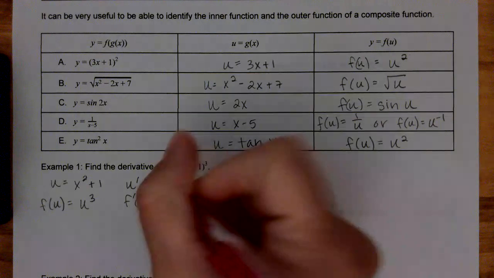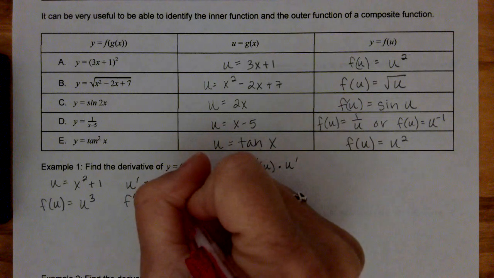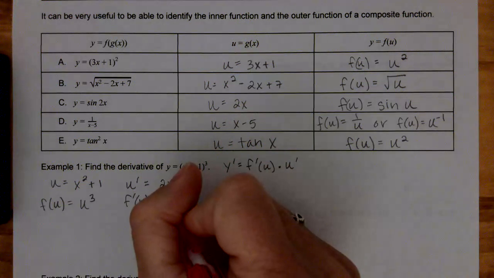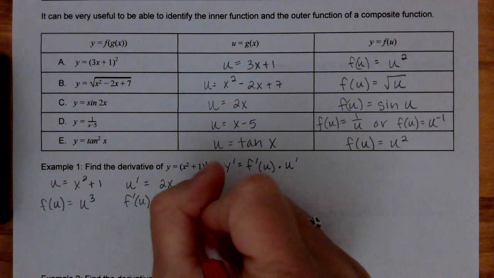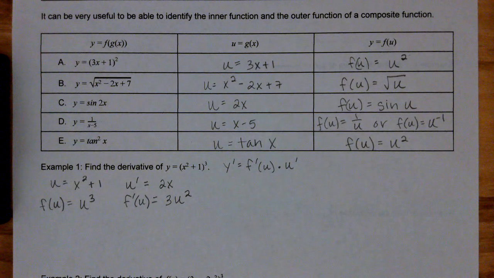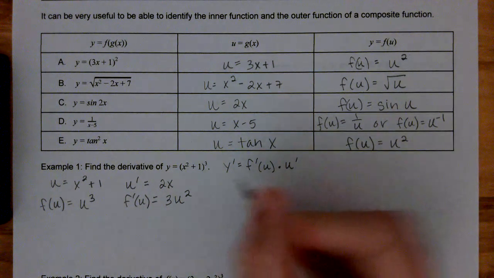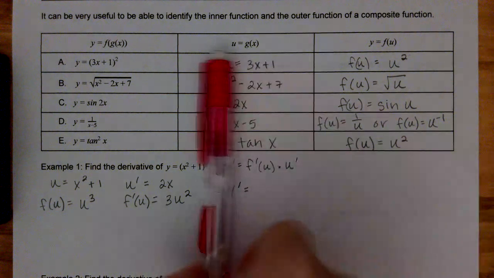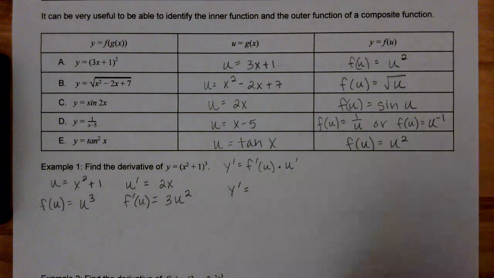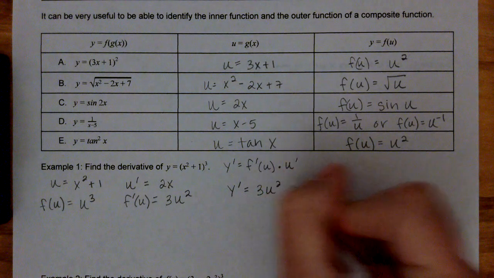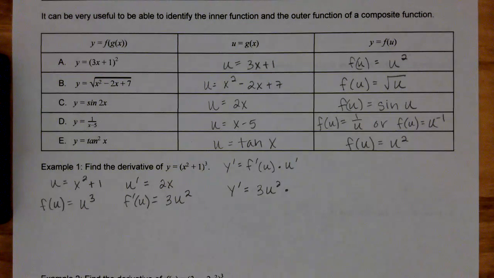So u prime is 2x and f prime of u is 3u squared. I'm just using the power rule in both of those cases. So now my y prime is f prime of u, which is 3u squared, times my u prime.